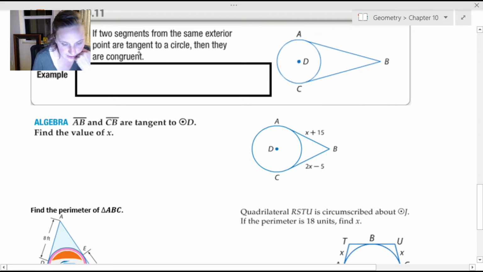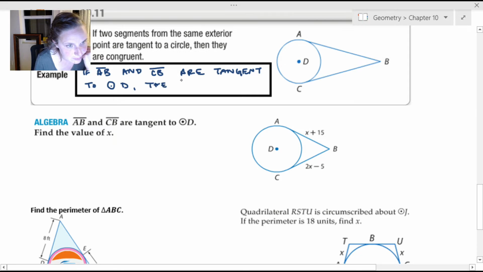So if line AB and line CB are tangent to circle D, then they come to the same point, so they're going to be congruent to each other. AB is going to be congruent to CB.